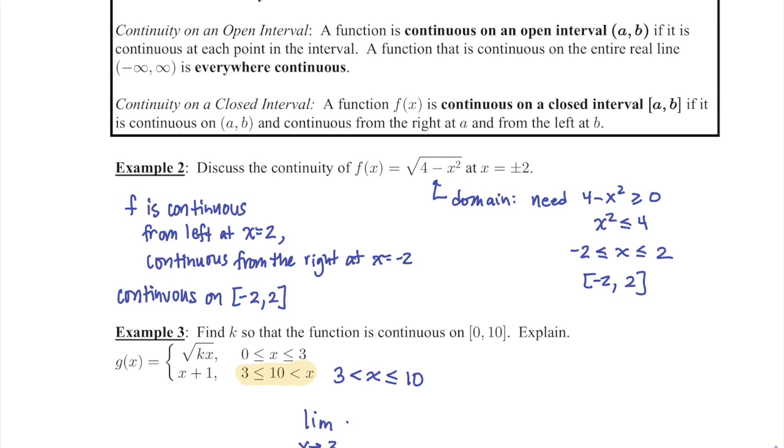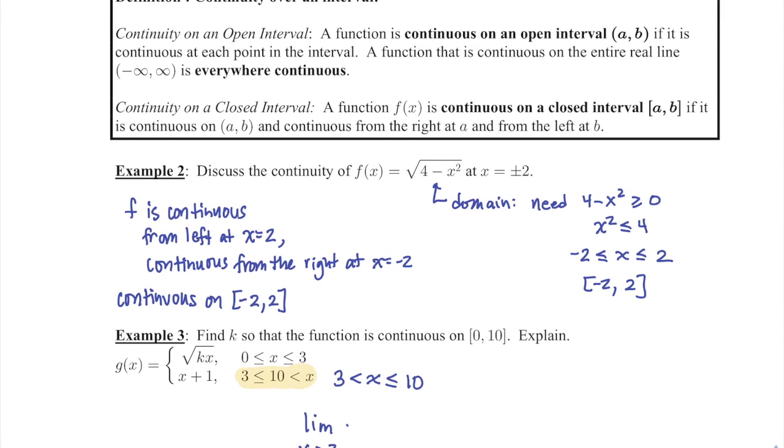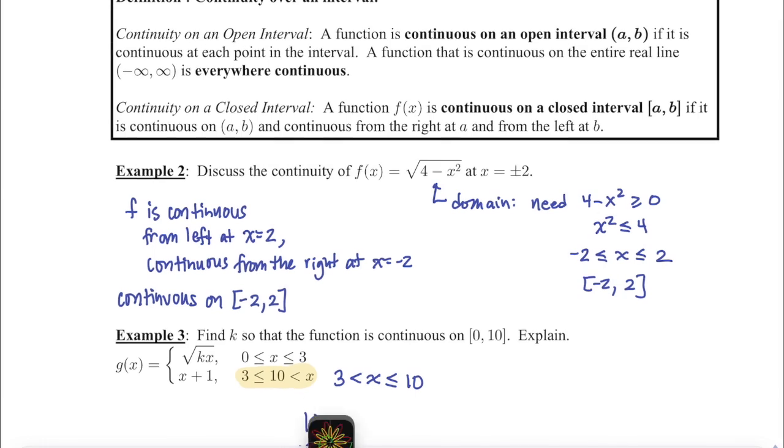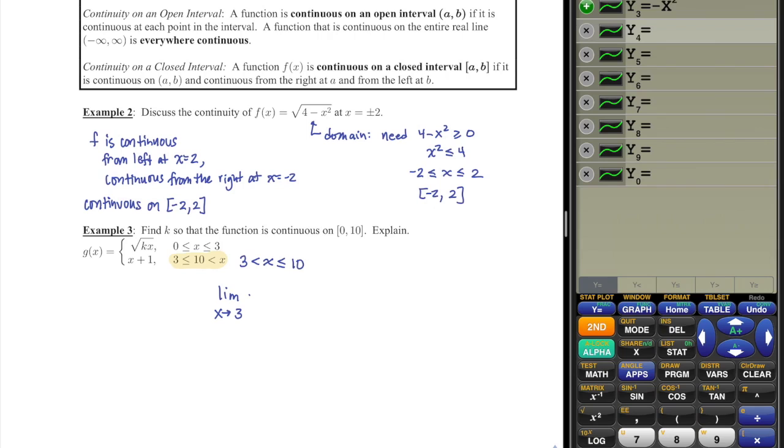It might be helpful to look at the graph of that, since that's not a super familiar function. We'd have this parabola, and then we're taking the square root of the y values, right? So let's just quickly look at that graph. So we want square root of 4 minus x squared.